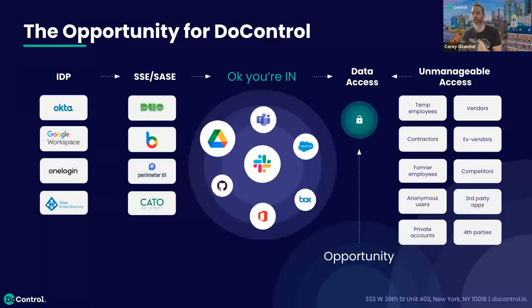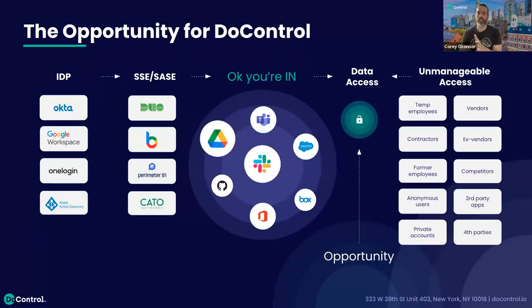So in terms of DoControl, when you look at the modern technology stack, you've got identity providers like Okta, Azure AD, et cetera, that are providing the appropriate permissions and entitlements at the identity level so users can connect to their applications to do their job.